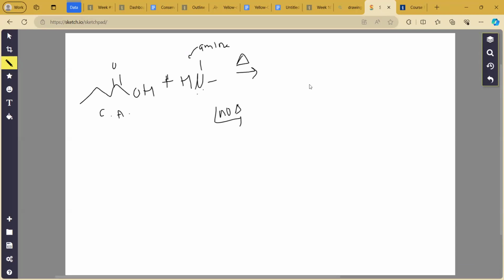If you remember from the reactions we just did, if there's heat, it will make an amide and water. But if there is no heat, then it is an acid-base reaction in which you have this negative O here.